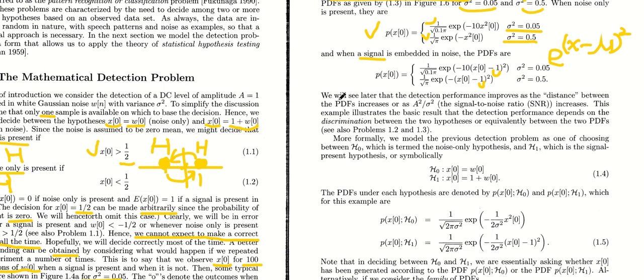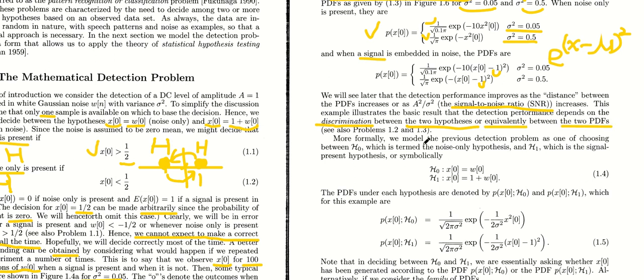We will see later that the detection performance improves as the distance between the PDFs increases, or as A square over sigma square increases. This is oftentimes called SNR. This example illustrates the basic result that the detection performance depends on the discrimination between the two hypotheses, or equivalently, the two PDFs.